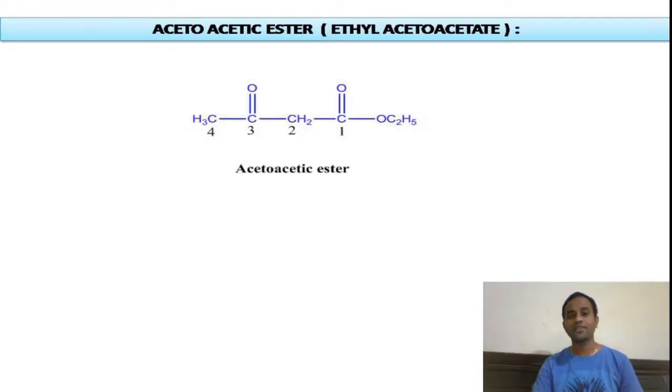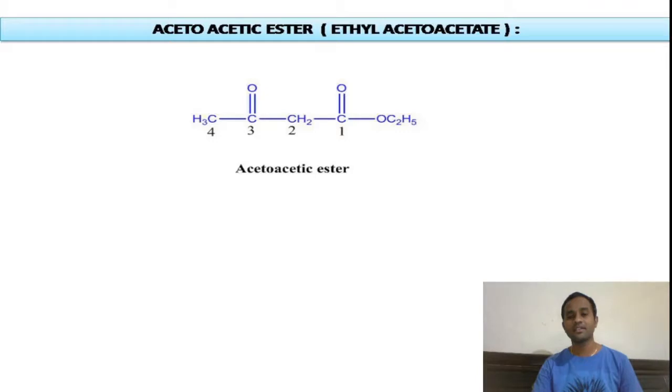And if you try to give the IUPAC name for this compound, the nomenclature, you see here the numbering begins from the principal functional group, that is ester, that is one. The next carbon gets 2, the keto carbon gets 3, the next carbon gets 4, and here at the 3 position we are having a keto group, which we will treat as a substituent.